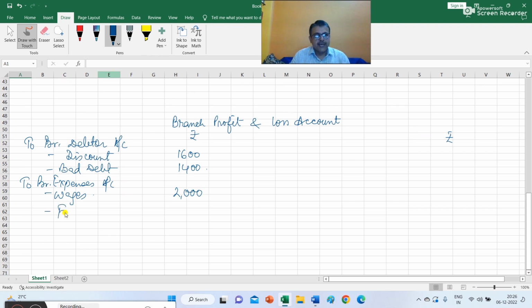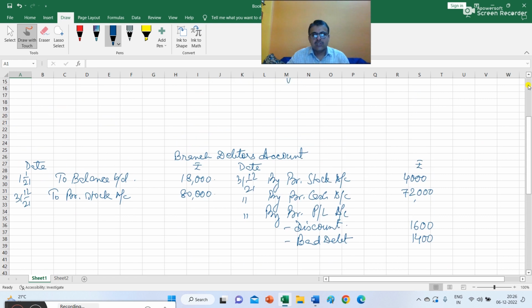Next is freight rupees 2,500 and salary and other expenses is for rupees 4,000. And the last transaction is given as the closing stock at branch for rupees 13,200 and this is at cost price.